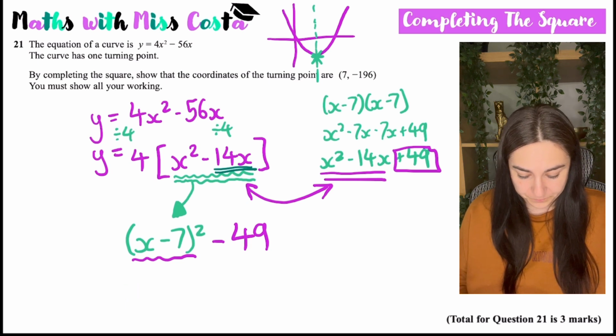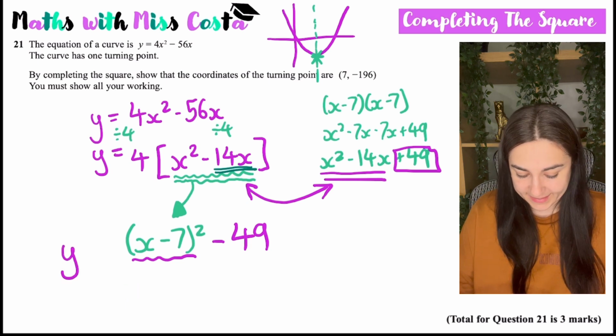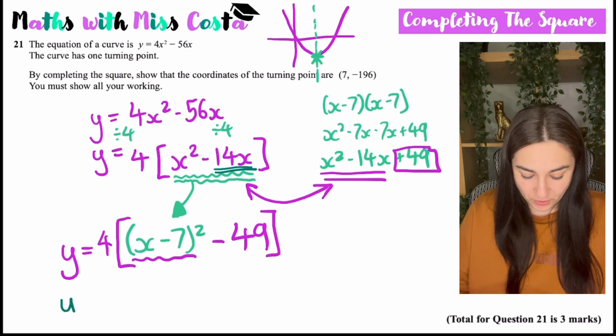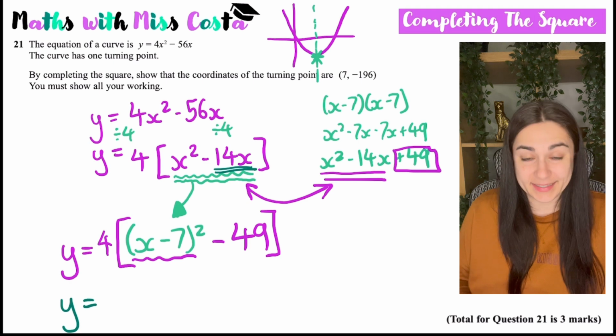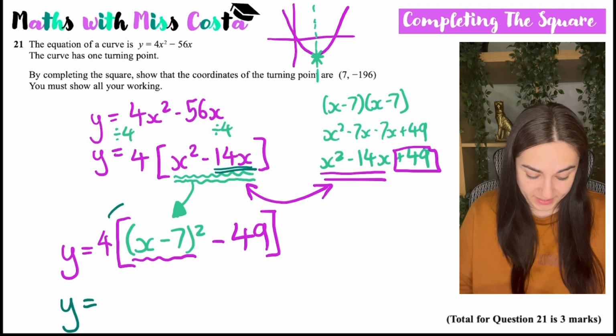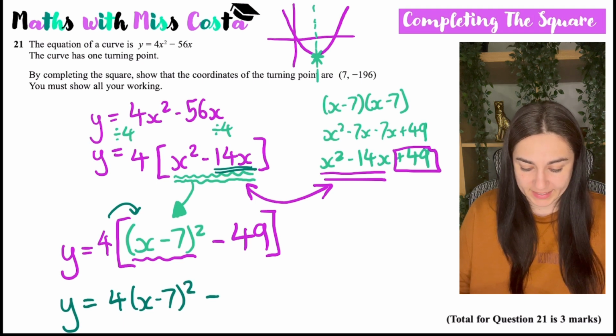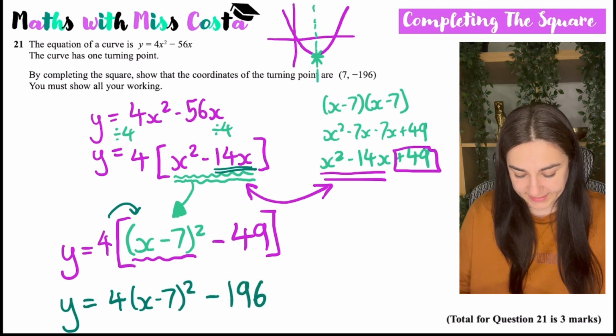So I have completed the square of this equation, but don't forget that I factorised it. So what I can then do is expand the brackets up again. So that would become 4 lots of x minus 7 squared, and then 4 times negative 49 is minus 196.